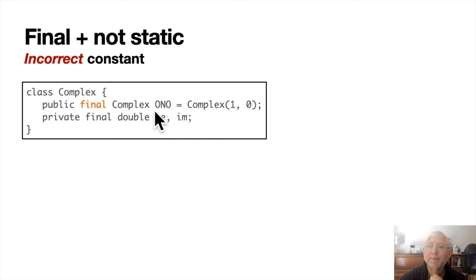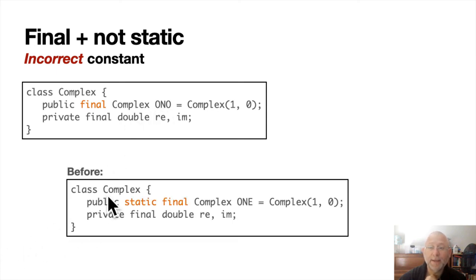What happens if, for example, we try to create a constant, and I don't want to call it ONE, so I call it ohNo. It's final, so it'll keep this value, but I didn't make it static, so it's not shared by the whole class. Every instance of Complex will have its own copy of ohNo.